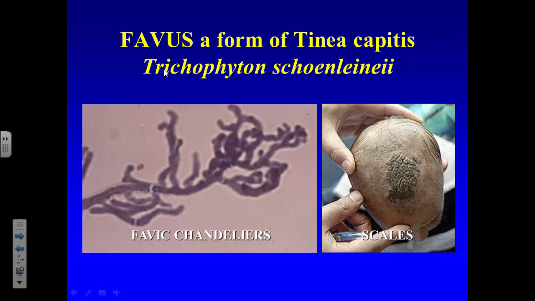Another species of Trichophyton called Trichophyton schoenleinii, instead of producing flakiness, actually produces a similar hyperkeratosis like we observed in the nails shown here. And so you get these scales, these favic scales. And that disease is called favus.